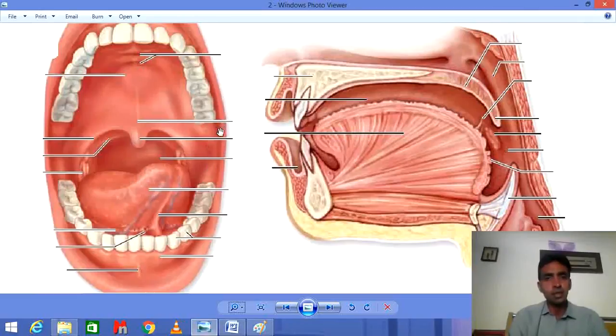If the buccinator muscles are not functional, it will be difficult for the food to come in between the two jaws and be cut down efficiently. So the function of the buccinator is to give a strong limit to the food on the lateral side.